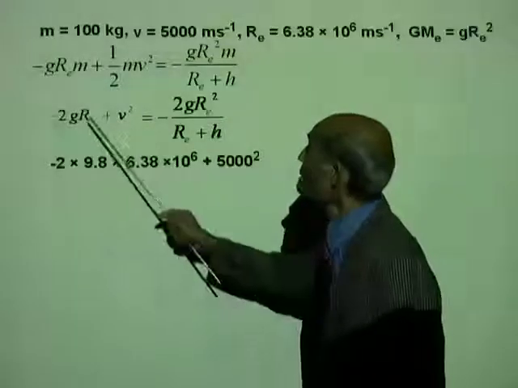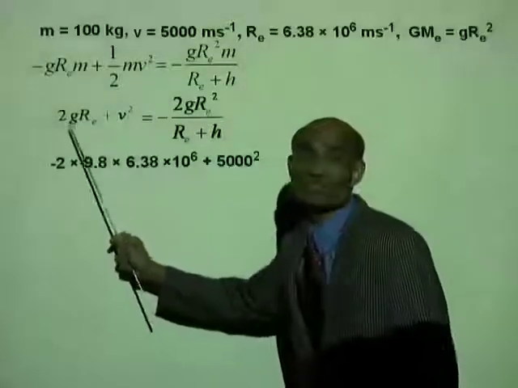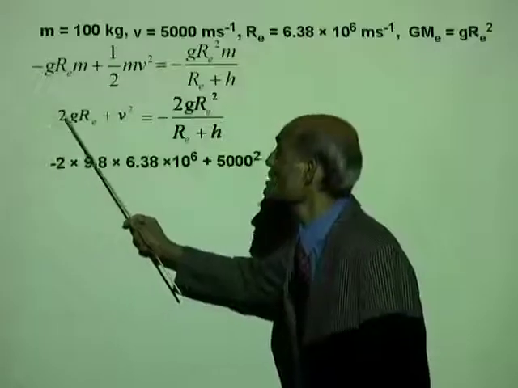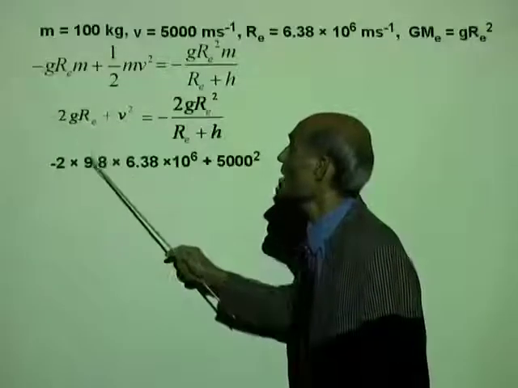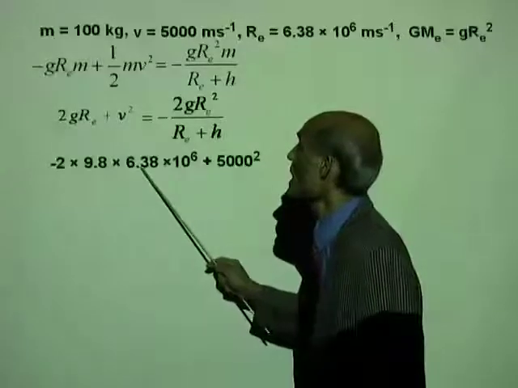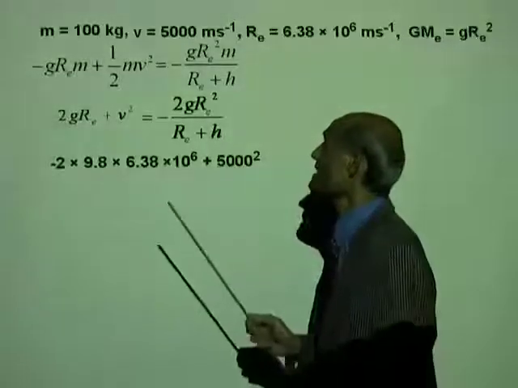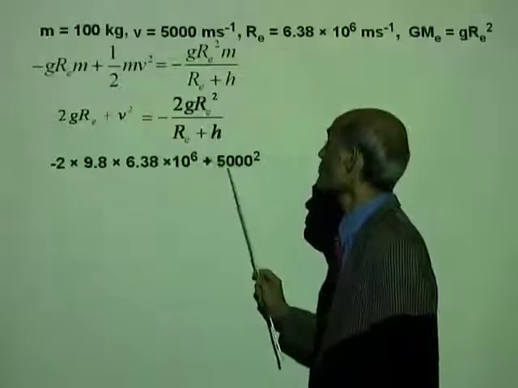Alright, you can actually put down all these values. Negative 2 g RE: negative 2 times 9.8 times RE, which is 6.38 times 10 to the 6, plus v squared.